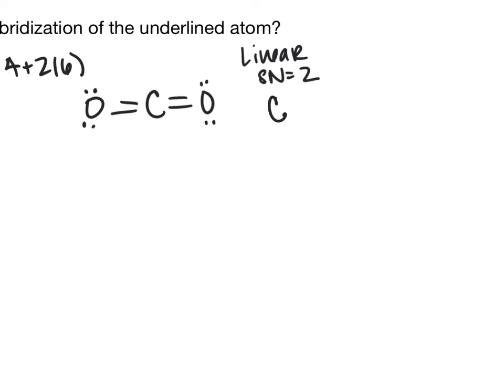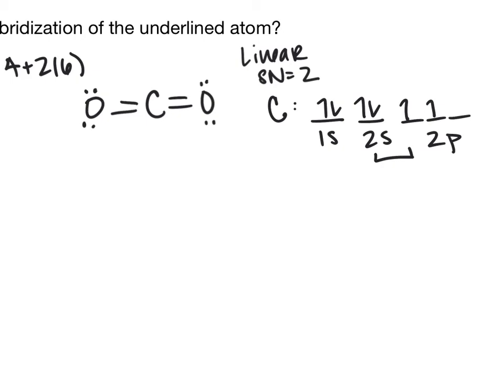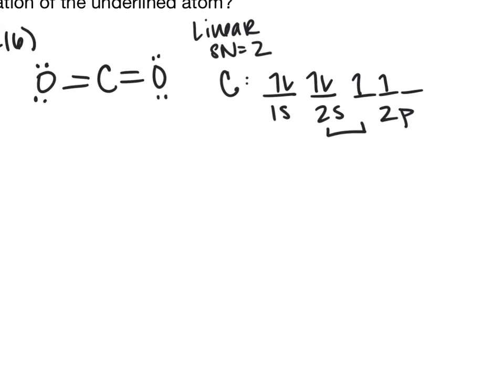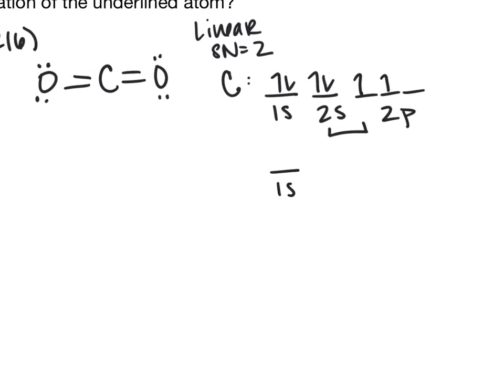So in this case, for carbon, we have 1s, 2s, 2p, with our orbitals in this way. So now we're going to need to make a linear arrangement. We're going to mix together the 2s, an s orbital and a p orbital, to where we have the 1s, the 2 sp orbitals, and then the 2 pure p orbitals. So in this case, we're going to fill our electrons.